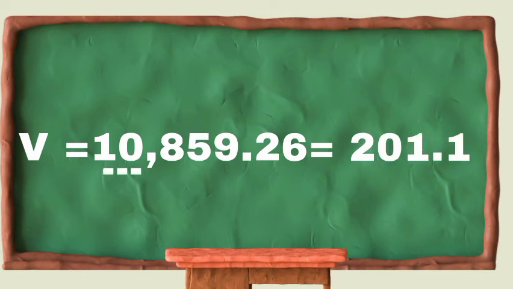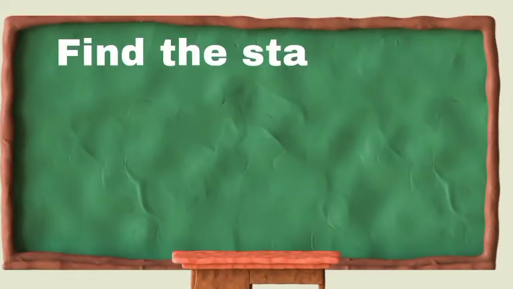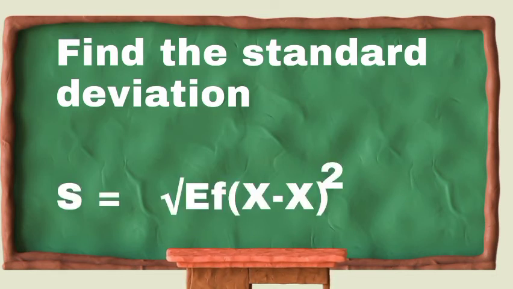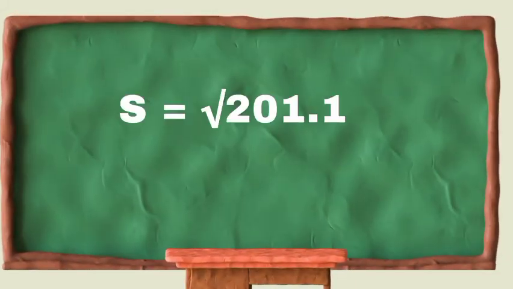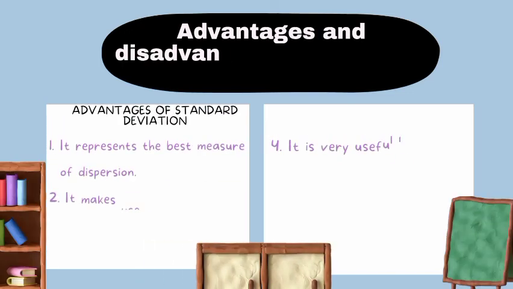Our total here for f times x minus x-bar squared is 10,859.26, divided by 54, and it's going to give you 201.1, which is your variance. Now your standard deviation is the square root of your variance. When you take the square root, you get 14.1.